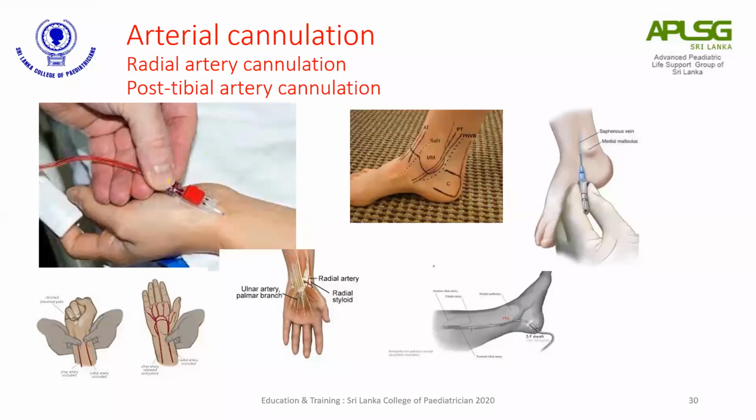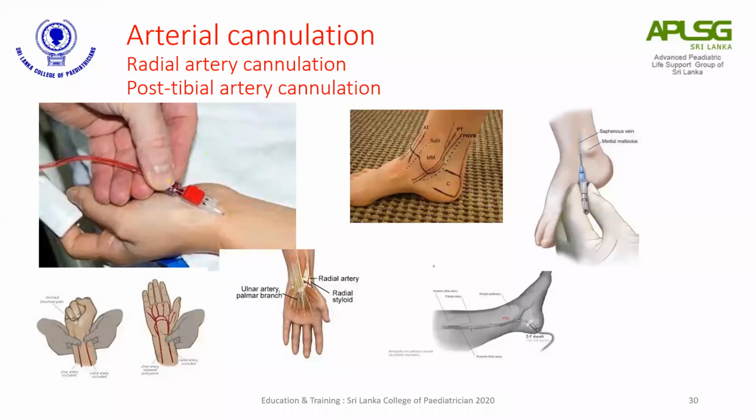The areas that we normally use in children are the radial artery and the posterior tibial artery. When it comes to the radial artery, the distal hand is supplied by the radial as well as the ulnar artery. So you can do a test called the Allen test to check the collaterals.